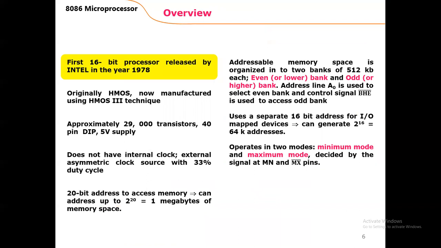So here we have the overview of the Intel 8086 microprocessor. It is a 16-bit processor released by Intel in the year 1978. It was originally manufactured using HMOS 3 technology. It contains approximately 29,000 transistors and 40 pins.